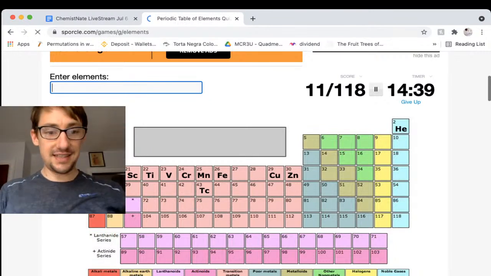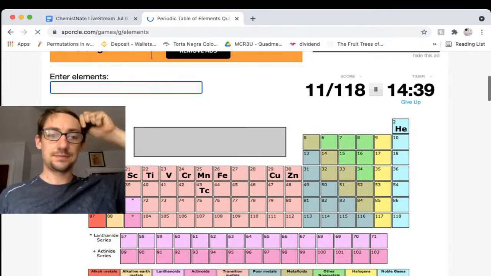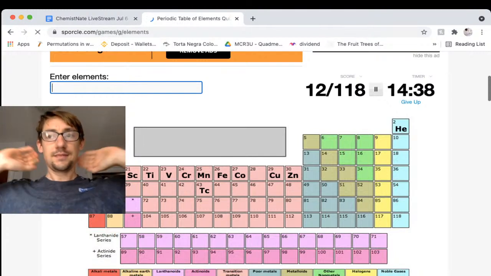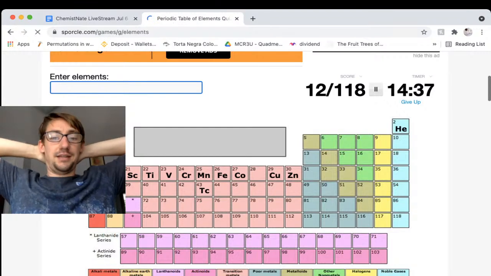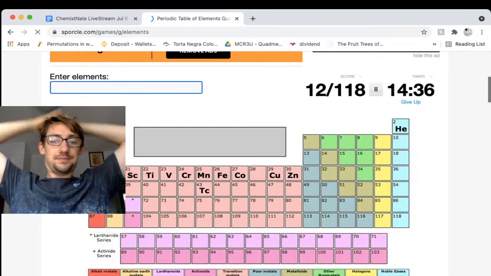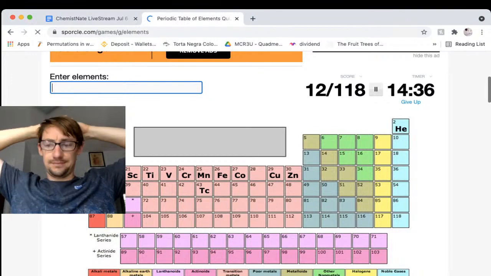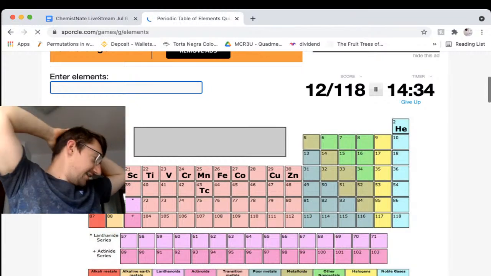Oh, cobalt is in there somewhere. I don't know. I'm blanking on this last one too. It's not gold or silver. Where's my periodic table that I can cheat with?